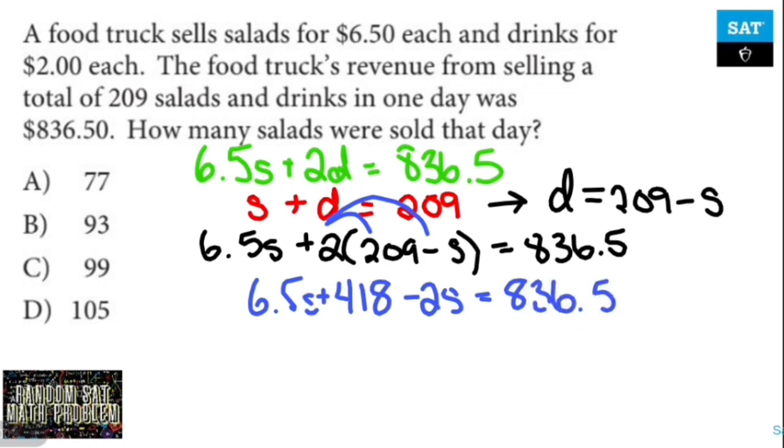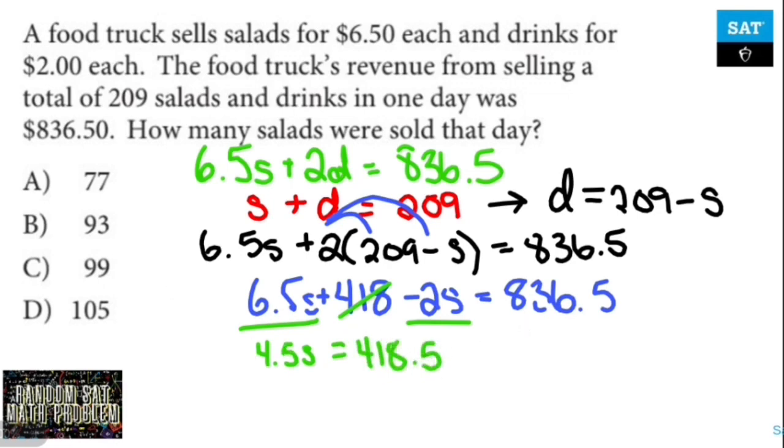Okay. Can I combine like terms? Sure can. I've got 8.5S minus 2S, so I've got 4.5S. And while I'm at it, I'm going to, in my head, subtract 418 from both sides. So if I subtract 418 from 836.5, that's going to become 418.5.